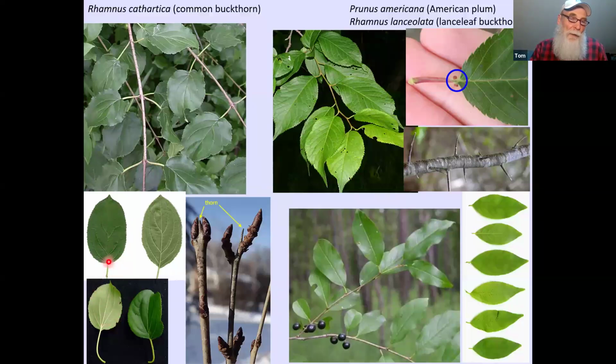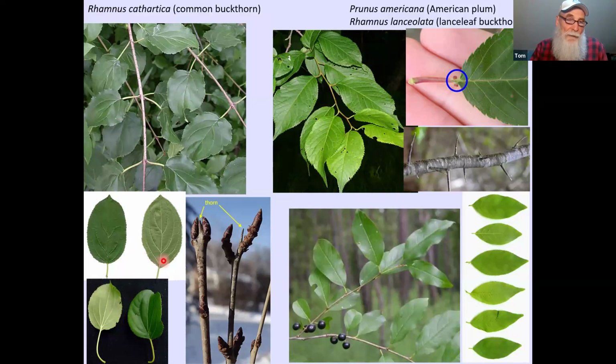This one here is probably about 1.5 times, so it shows the range pretty well. Some of these up here are probably more like these on the bottom right. So that's pretty important. Also, the really glossy, shiny, dark green coloration that we see in the buckthorn leaves is important and helpful.